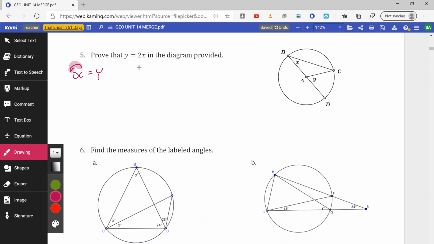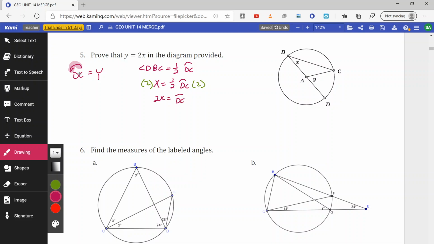So we can say that angle DBC, whose measurement is x, is 1/2 arc DC. To figure out arc DC, we would multiply both sides by 2. So we get 2x equals arc DC.